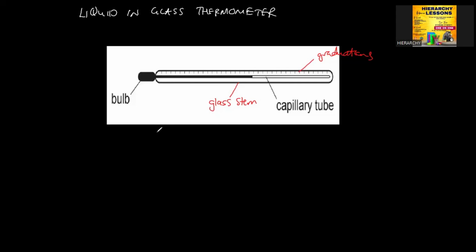That's why they become inaccurate with time and need regular changes, because the scale of the temperature would have been affected. So that's the liquid in glass thermometer.